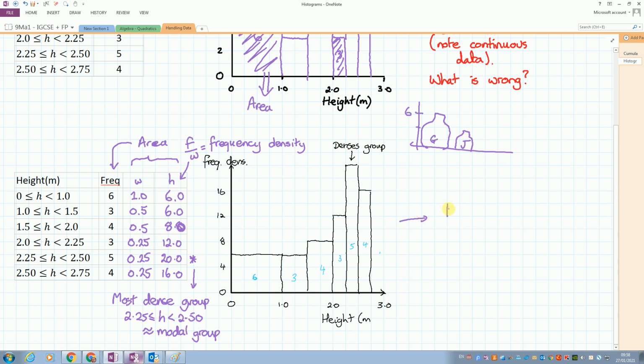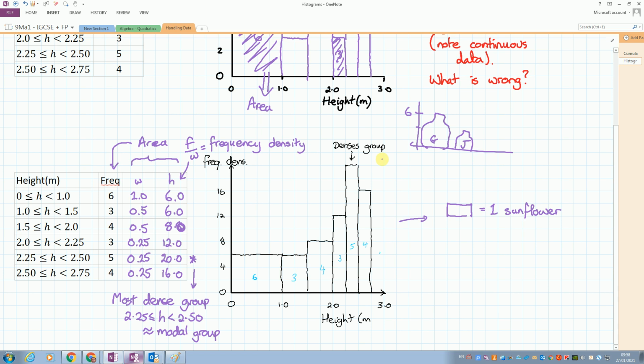So if I create a little key, 2 squares equals 1 sunflower. And then you can actually analyse the others. So there's 1, 2, 3, 4, 5 sunflowers. But now the area is representing the number of sunflowers. It represents it fairly, and therefore this dense group becomes more obvious.